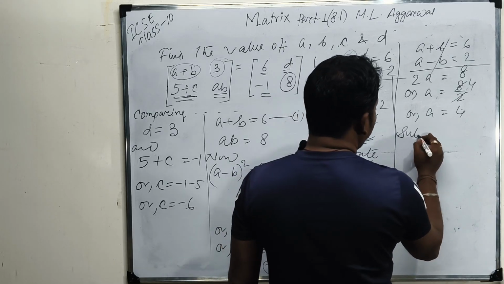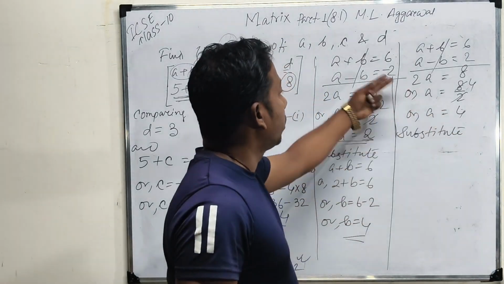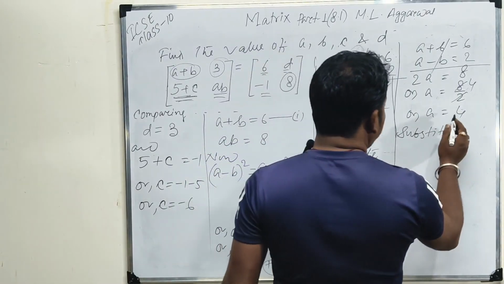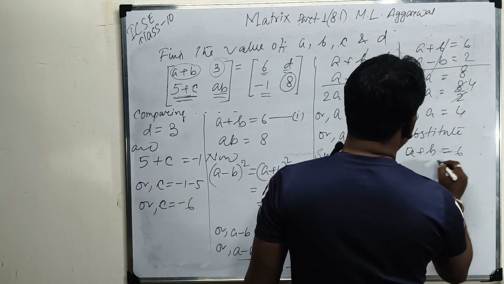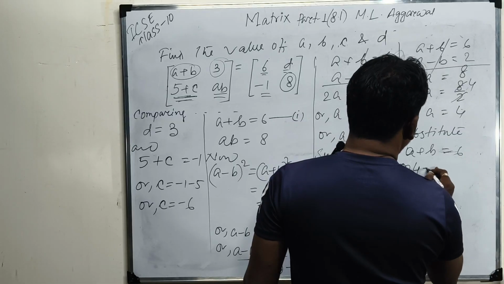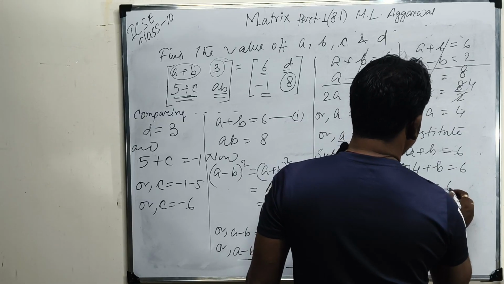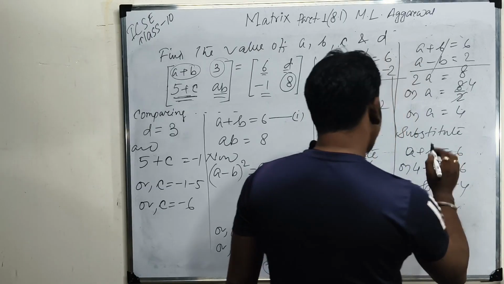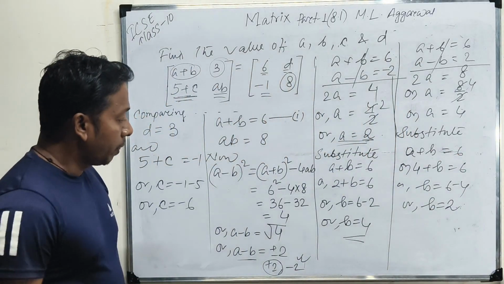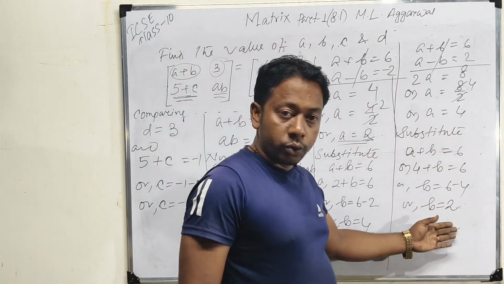Now substitute the value of a in equation 1. We get, place the value of 4, a plus b equals 6, or 4 plus b equals 6, or b equals 6 minus 4, or b equals 2. So here we get the value of a equals 4 and b equals 2.